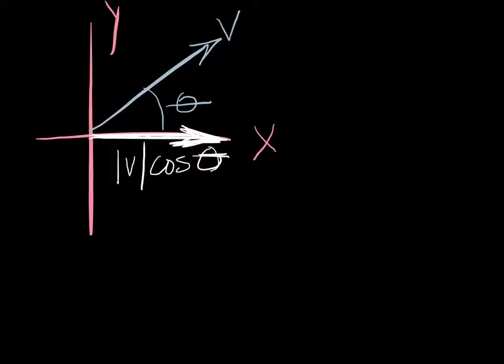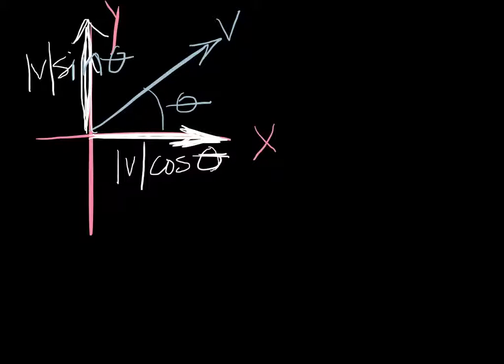Then to figure out the vertical component, for vectors that have an angle theta with the x-axis, I find it by multiplying the magnitude of vector v times the sine of theta.